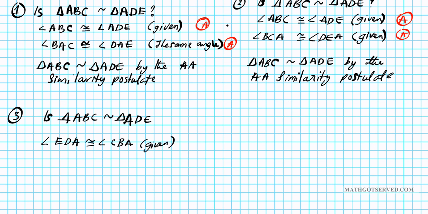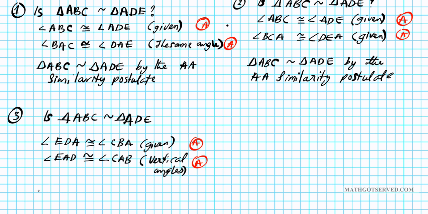And we also know that angle EAD is congruent to angle CAB. Why? They are vertical angles. So what do we have here again? We have an AA situation again. What does that mean? They're similar.